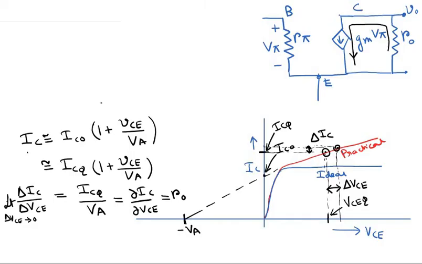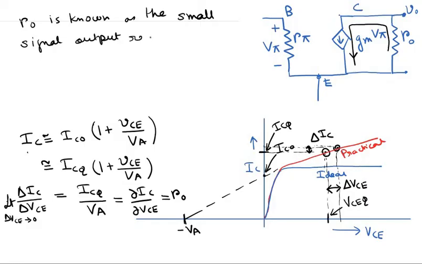Okay, so let me write it here. R0 is known as the output resistance, the small signal output resistance of the transistor, or simply the output resistance of a transistor.